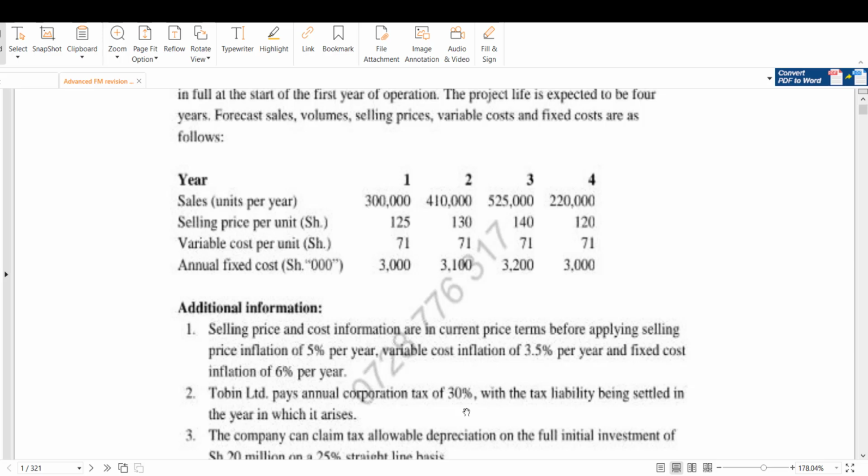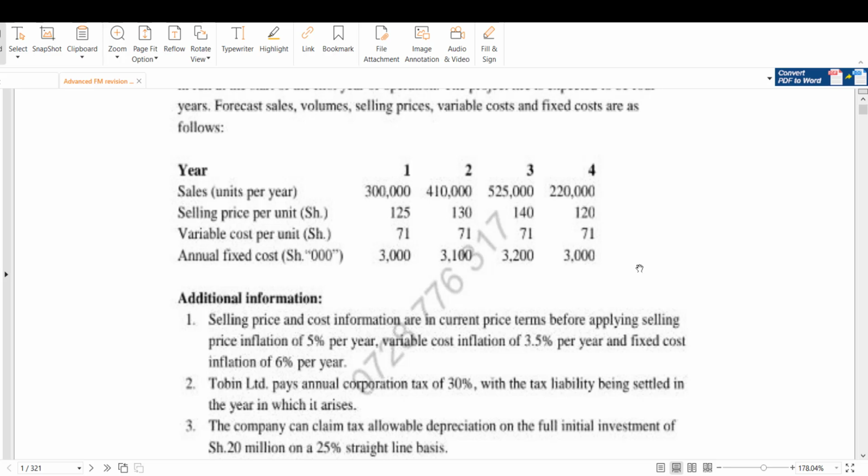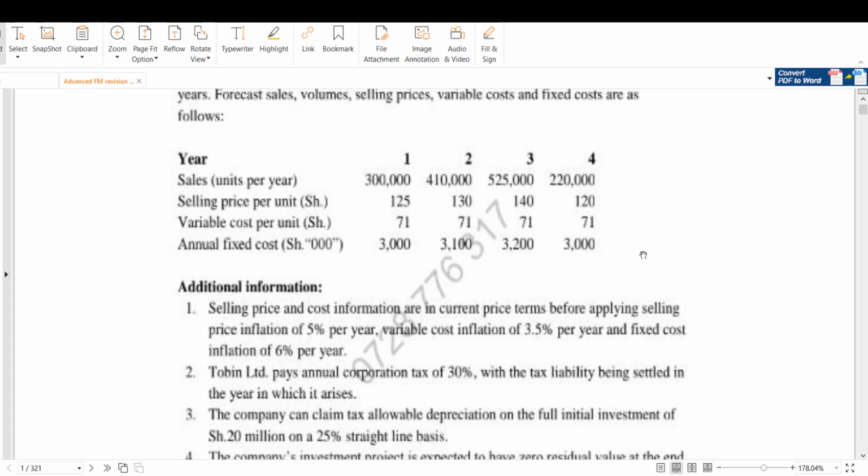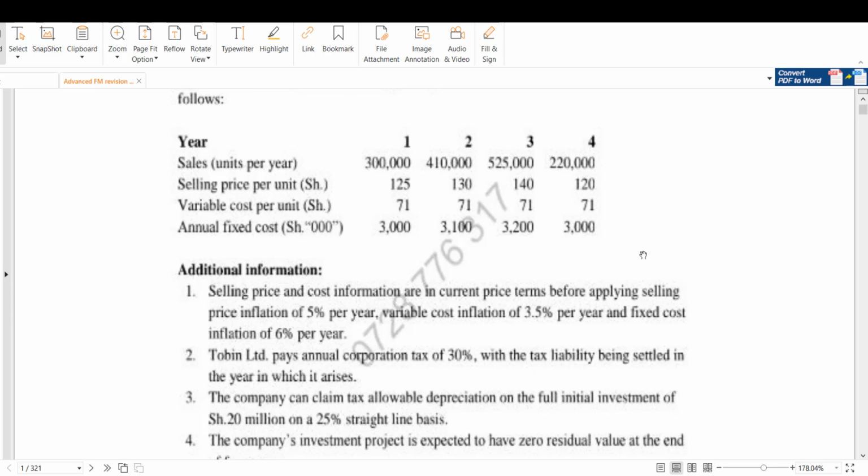If they are in current price terms, this means that we'll be applying selling price inflation of 5%, so we'll be including the 5% on each year. Fine. Variable cost inflation of 3.5% per year and fixed cost inflation of 6% per year. That's fine. We'll be able to include that.